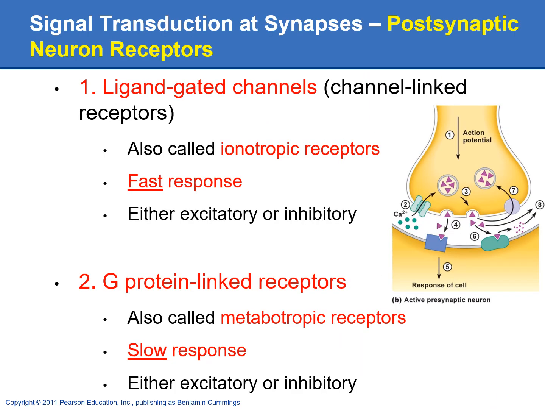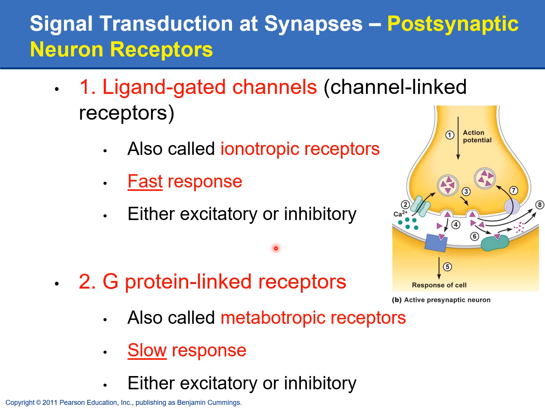Let's take a look at the receptors that are on the postsynaptic neuron. These would either be on the dendrite or the soma of the postsynaptic neuron. And we can have either these ligand-gated channels, which are also called channel-linked receptors. They're also called ionotropic receptors.